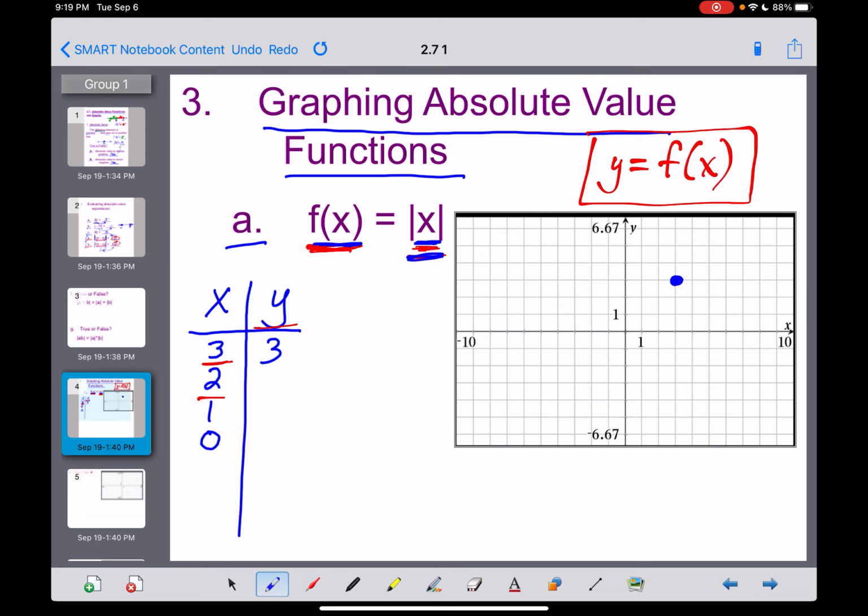And the absolute value of 2 is 2. So now we have the ordered pair (2, 2). There's a second solution. When you let x equal 1, you take the absolute value of 1 and get 1. So (1, 1) is our third solution. And when you put in 0, the absolute value of 0 is 0.